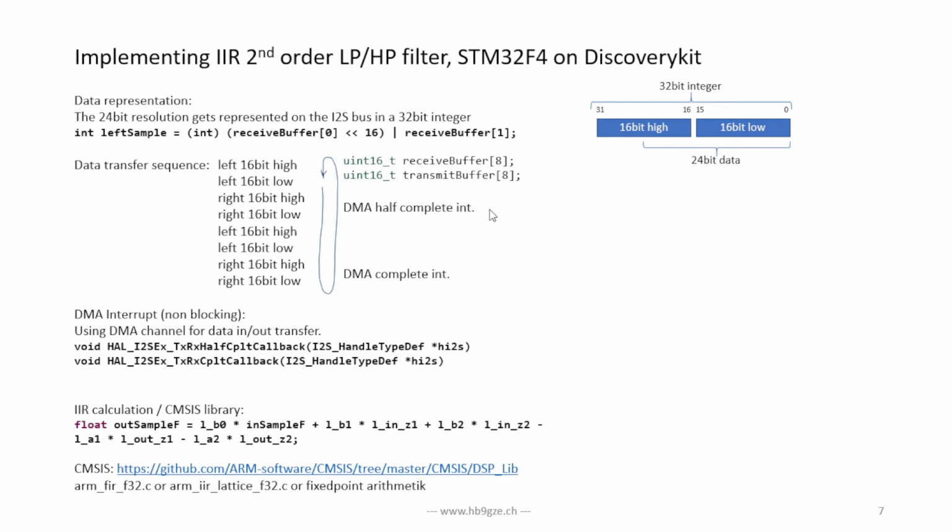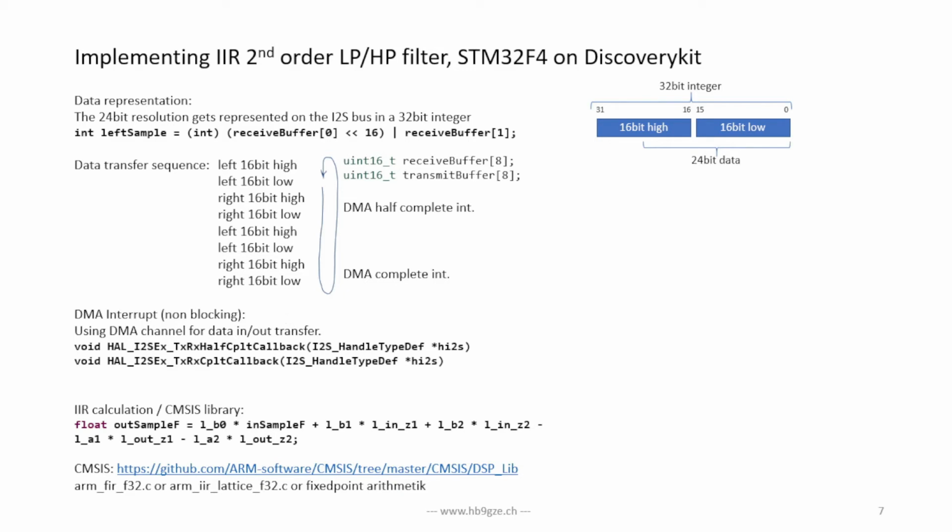We use two circular buffers for the receive and the transmit. And the way these buffers work is that we first, for instance, receive the left higher 16-bit, then the left lower 16-bit, then the right higher 16-bit and the lower right 16-bit, and so on, 2 times. And we do it 2 times because we are going to use a direct memory access channel.